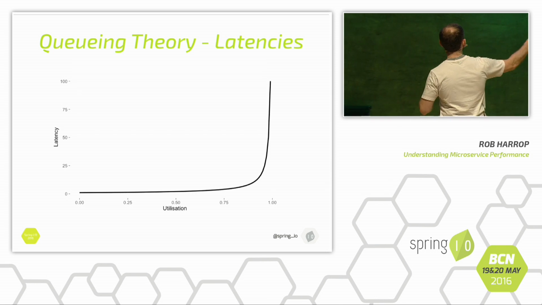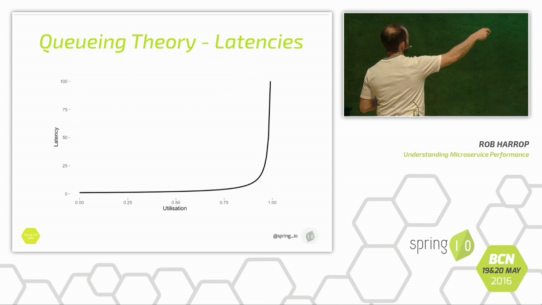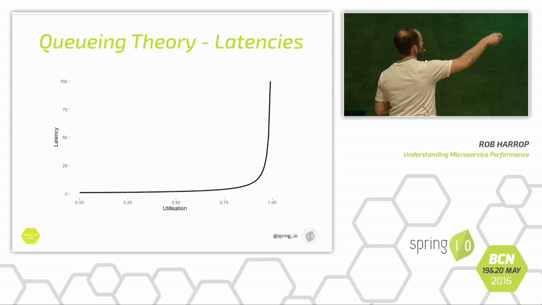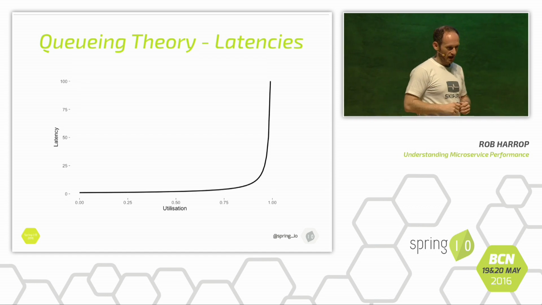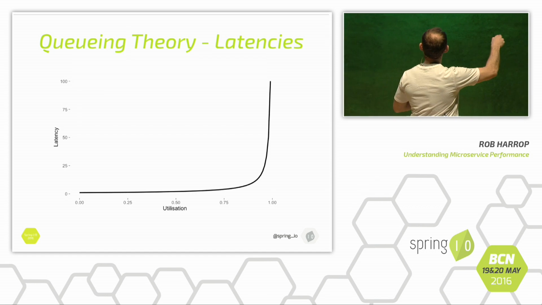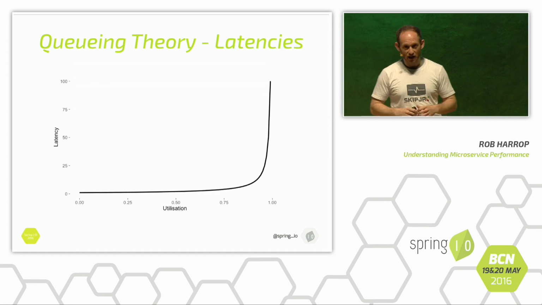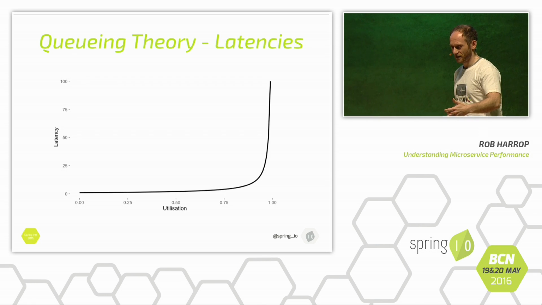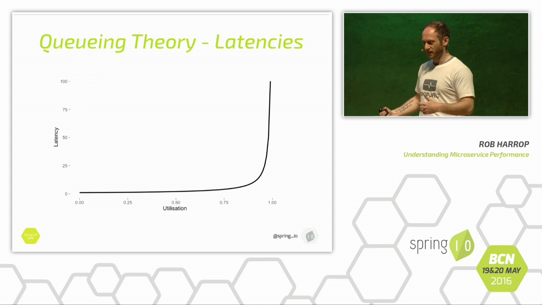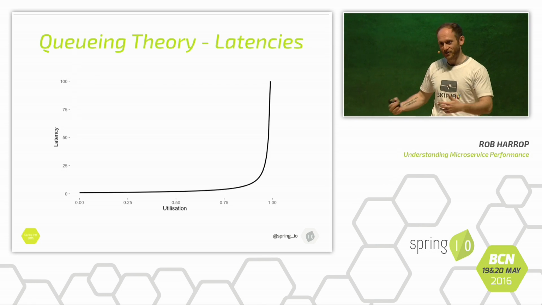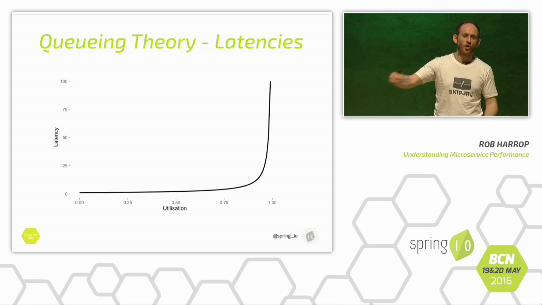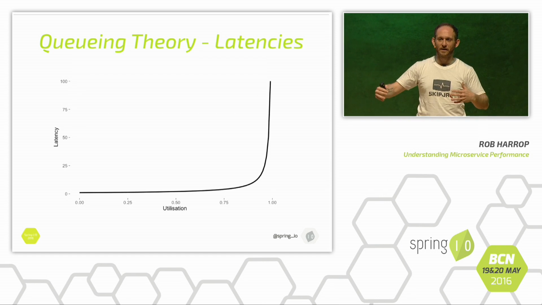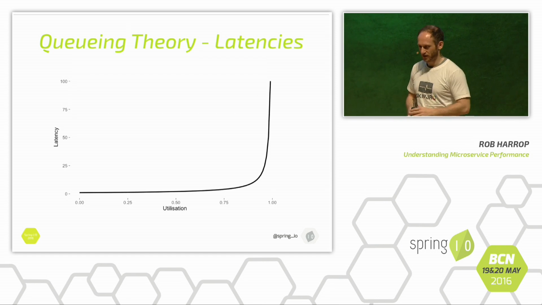And when we get to about 75, 80%, things start to get bad really, really quickly, and latency starts to get really high. Basically, each customer is paying the cost of waiting for everybody else to complete. There's this huge overhead just in the queuing and in the waiting for other people to finish.